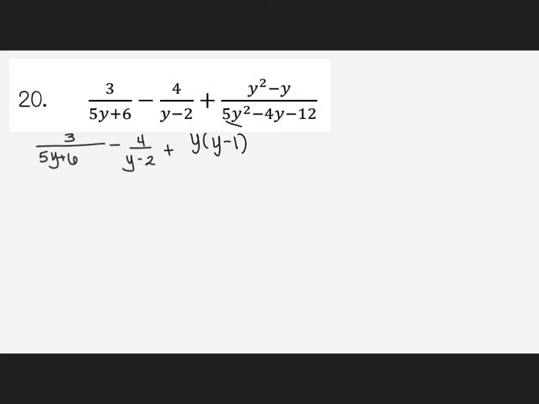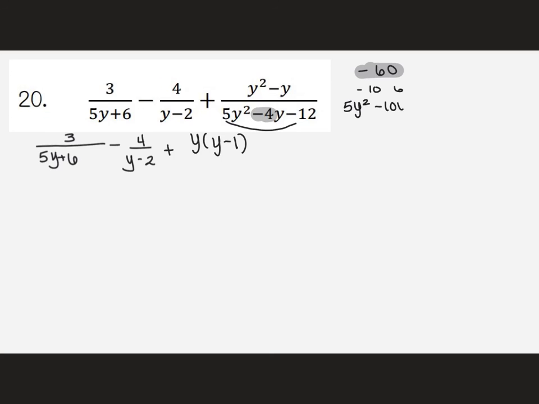In the denominator, I multiply a and c, and I get -60. I'm looking for factors of -60 that add to be -4. And those factors would be -10 times 6. You leave a as is.